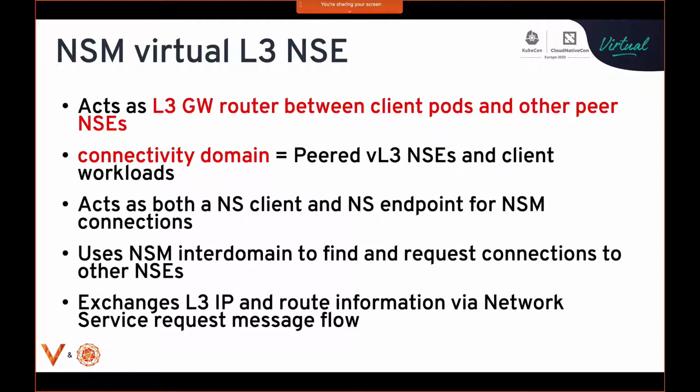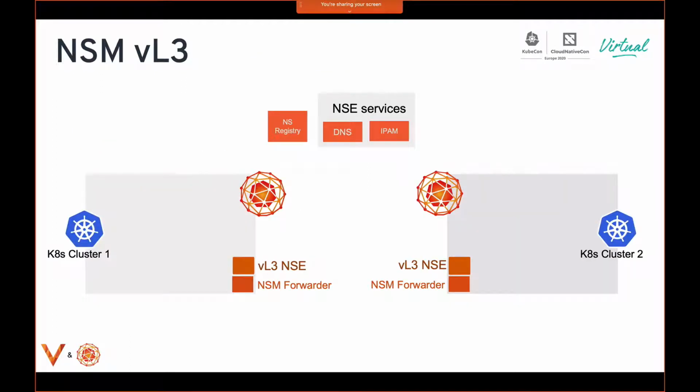So it's using NSM to find the other peers, and it's using the network service registry for that purpose, and then using NSM interdomain connection setup to connect to its peers and exchange L3 route information and IPAM information. So the model is pretty much the same in this picture.